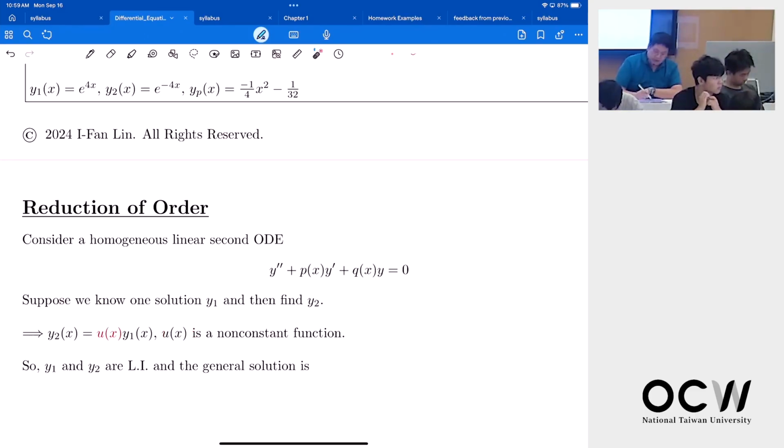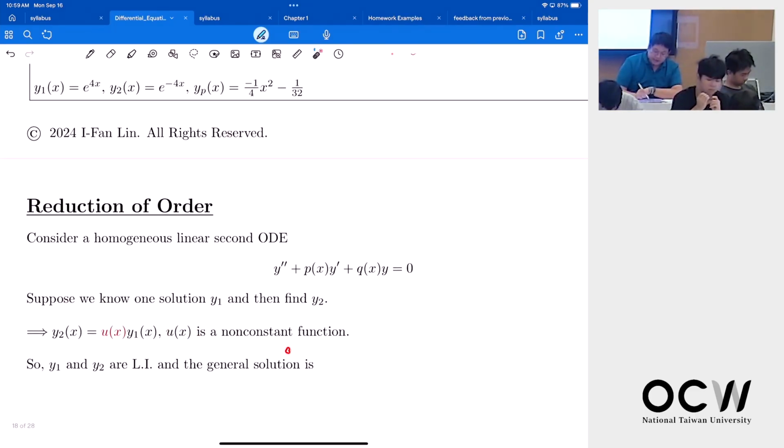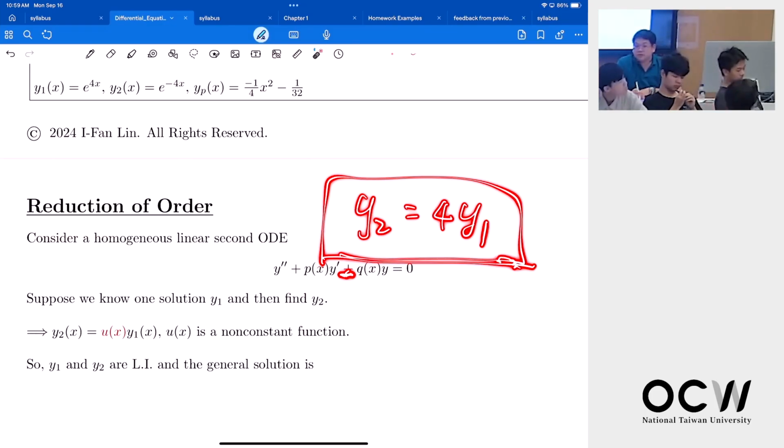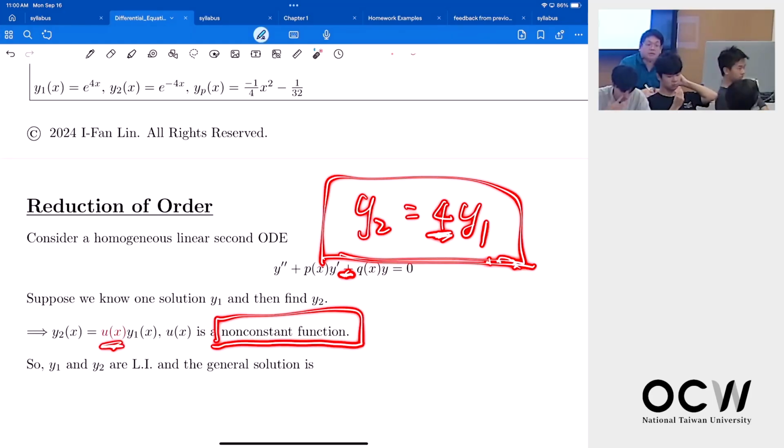Obviously, if it is a constant, these two functions are linearly dependent, right? If they are linearly dependent, then they cannot form a fundamental set of solutions. So this cannot be a constant. Here is a non-constant function. If you find this is a constant, then actually you haven't found any other solution.